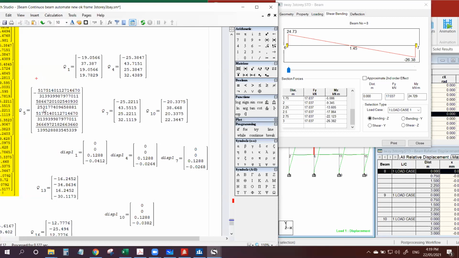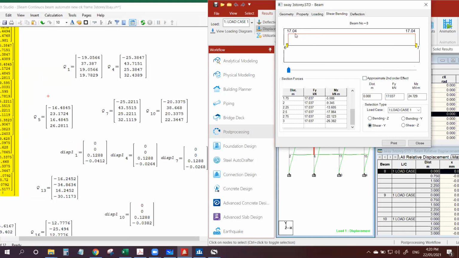Q5 equal. So I'm getting, for the bending, 23 and 26. Okay, STAAD is getting almost 23 and 26. For the shear, 17. I'm getting in my SMAT 16.5.